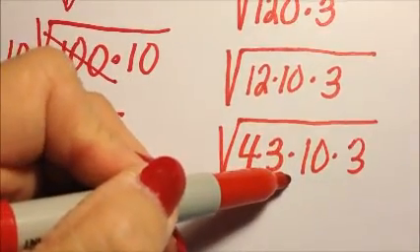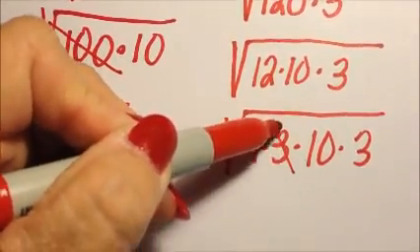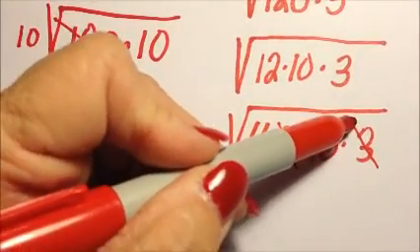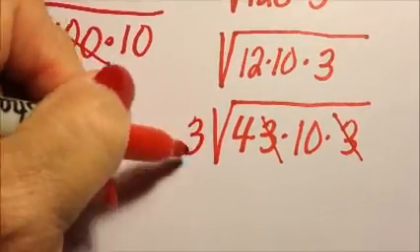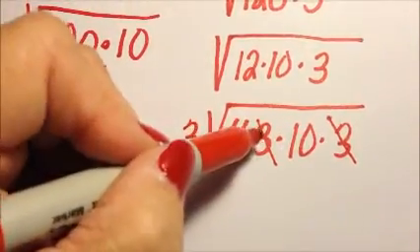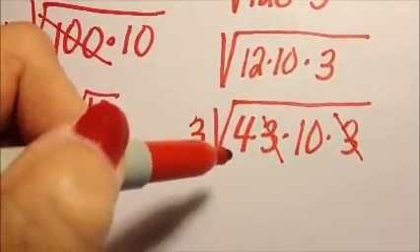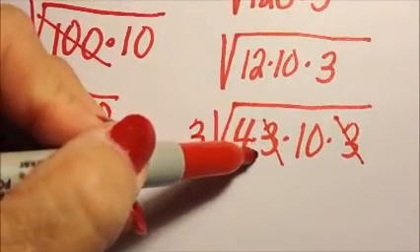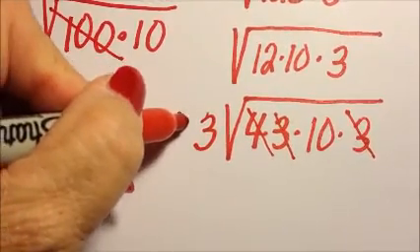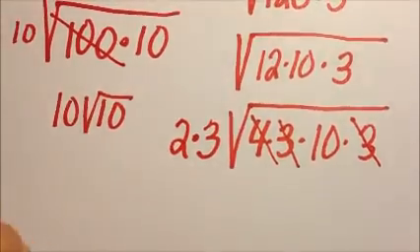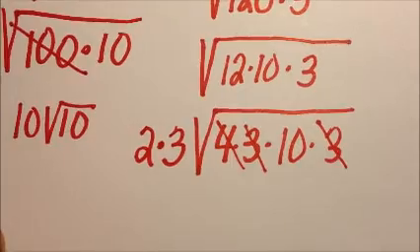Look here. I have two 3s multiplied together. In other words, 3 times 3 is 9, so I could take the square root of that out and I get 3. In other words, I have 2 under here, and when I take it out, I take out 1. I could also take out the square root of 4, which is 2, and I'm going to multiply it times whatever I already have outside.